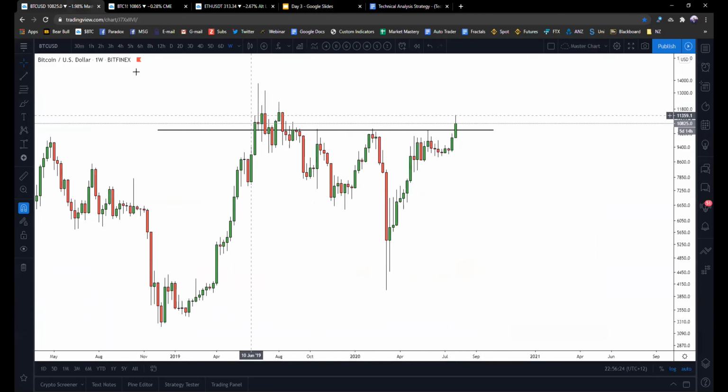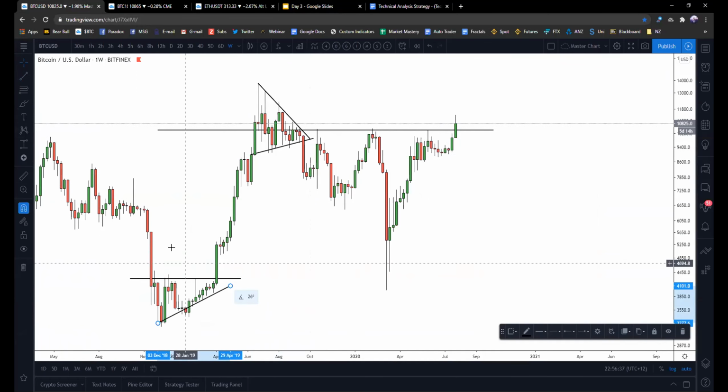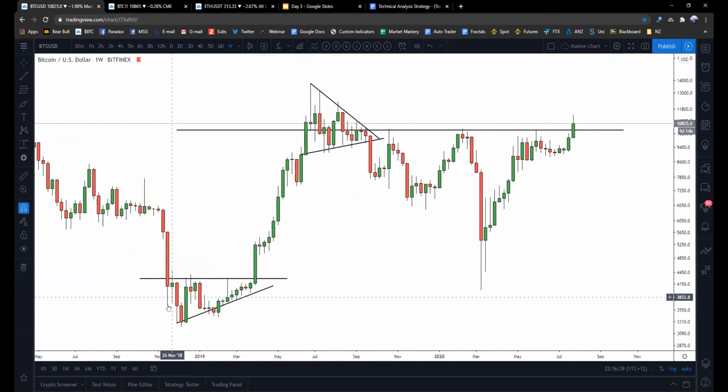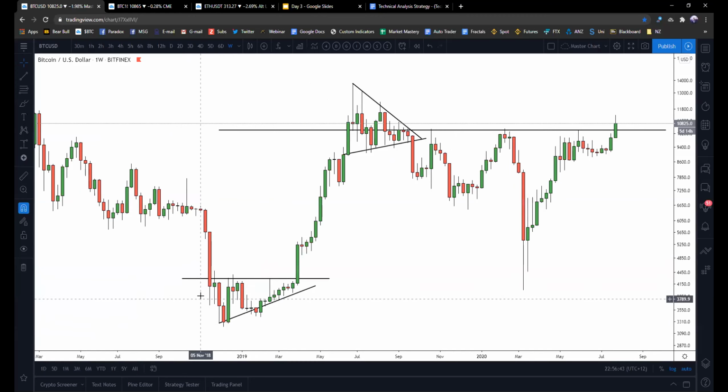Because for instance, if you're in a large pattern, like say this symmetrical triangle, and you've identified this early, or you've identified this pattern here, like me and Kyle did. So me and Kyle analyzed the living crap out of this back in 2018-19. We had Wyckoff, we had ascending triangles, and a bunch of other stuff like an Adam and Eve.